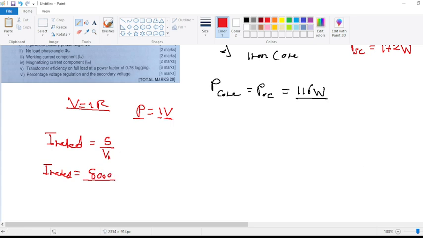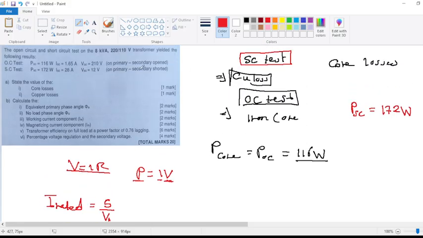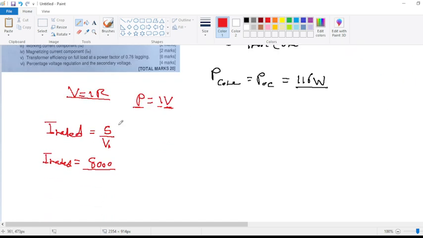The voltage on the primary, we've been given, is 220. This is the rated voltage on the primary. So we're going to have 220 here.